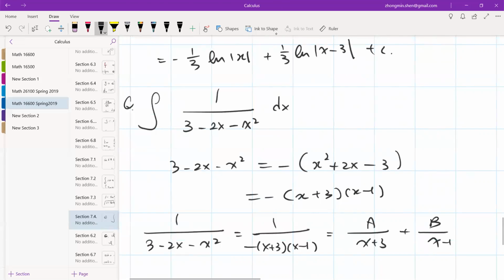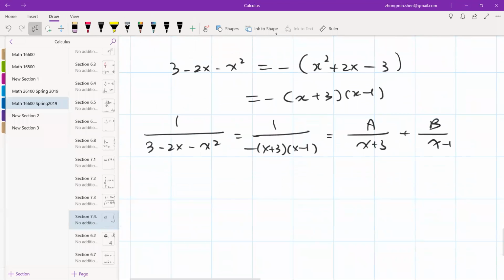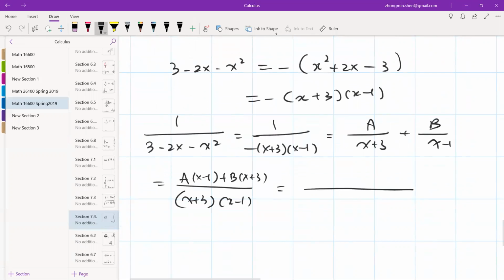Okay, so how do you do that? You combine them again. You get A(x minus 1), B(x plus 3), over x plus 3 and x minus 1. So you will get (a plus b)x, and plus (negative a plus 3b).